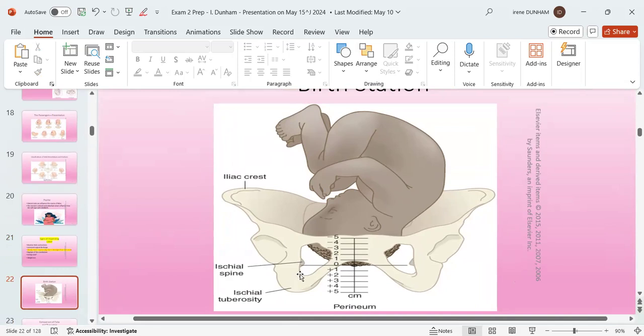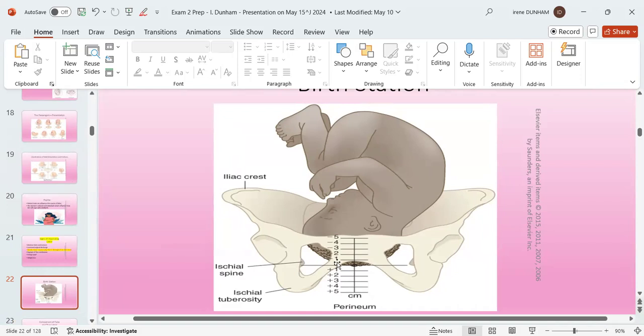When you go up and check somebody, you can really feel these. Right at the ischial spine is zero station. Anything above is a minus, -1, -2, and going up. Anything below is plus, +1, +2, +3, +4, +5.